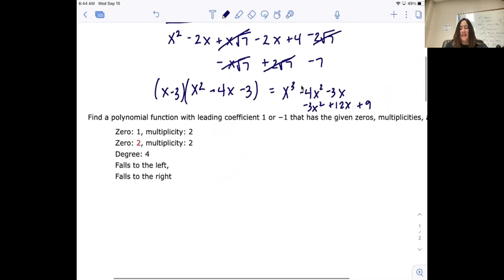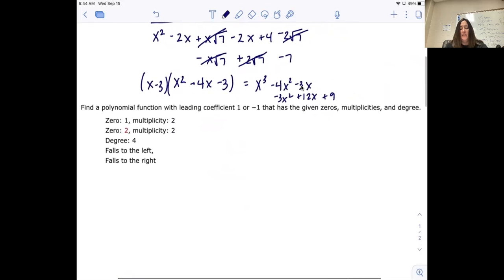Another question, it's kind of similar to what we just did. It says find a polynomial function with a leading coefficient of 1 or -1 with the given zeros, multiplicities, and degrees. So multiplicity, what that means, is a root that appears more than once. So in this case, when it says a multiplicity of 2, it appears twice. So if you have a zero of 1 with a multiplicity of 2, that's going to tell me that I have x minus 1 squared.